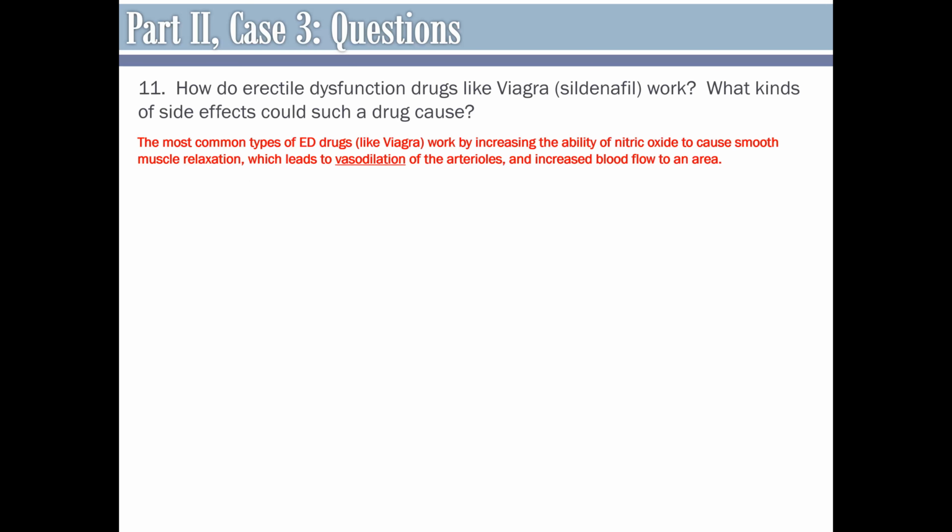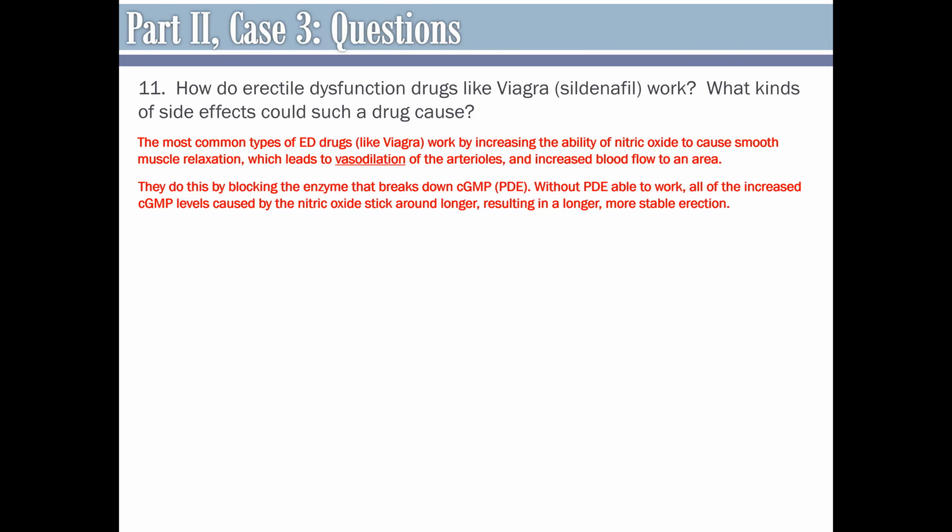So the most common types of erectile dysfunction drugs like Viagra work by increasing the ability of nitric oxide to cause smooth muscle relaxation, which leads to vasodilation of the arterioles, which increases blood flow to an area. And of course, when we're talking about an erection, we are increasing blood flow to the erectile tissue.